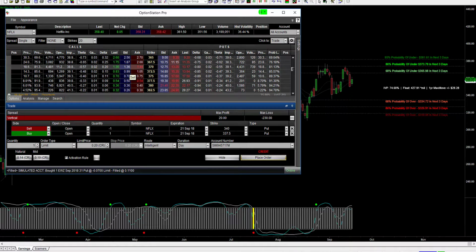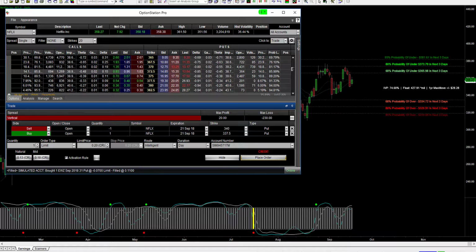So if we look down a little bit, the 370 and 372.5 will give us right around 80% probability of out the money. We'll try to snake it a little higher. If we go with the 372.5, 375, which is roughly about $12 to $13 out the money.